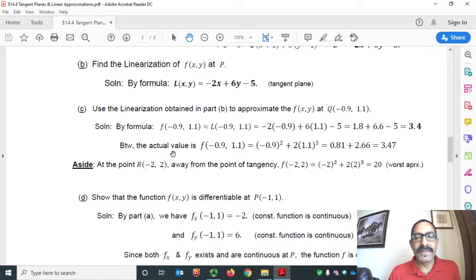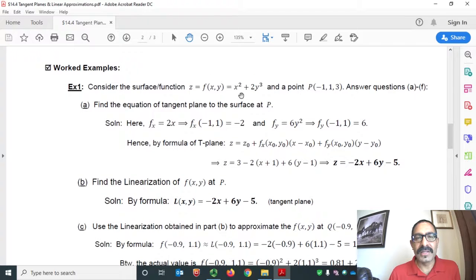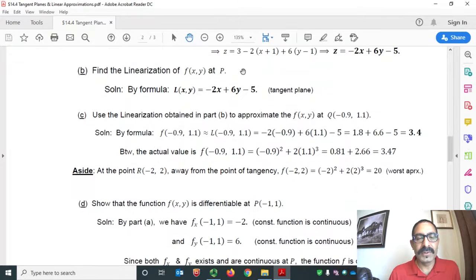Let's find the actual value of the function at Q. The actual value is given by the equation of f, which is x squared plus 2y cubed. So here f at point Q equals x squared, meaning (-0.9) squared, plus 2 times y cubed, which is 1.1 cubed.